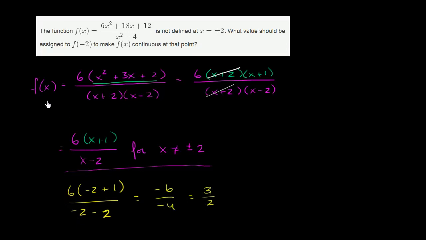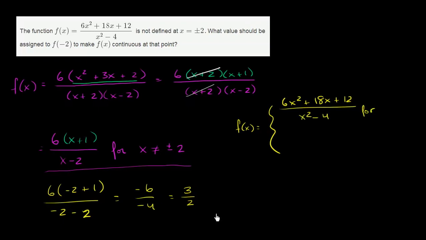So if we redefine f of x, if we say f of x is equal to (6x squared plus 18x plus 12) over (x squared minus 4) for x not equal positive or negative 2, and it's equal to 3/2 for x equals negative 2.